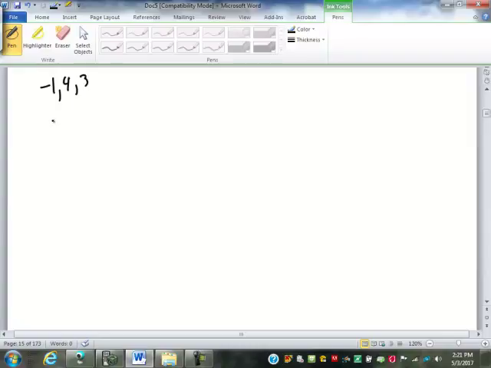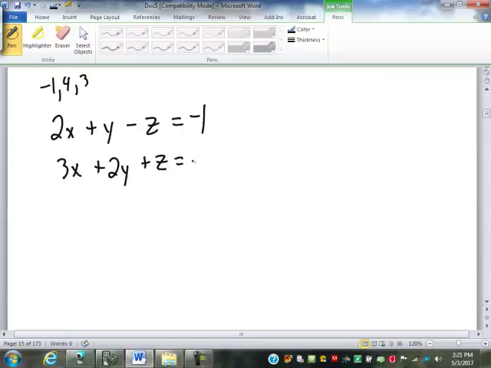Okay, so let's try 2x plus y minus z is going to be a negative 1. 3x plus 2y plus z is 8.